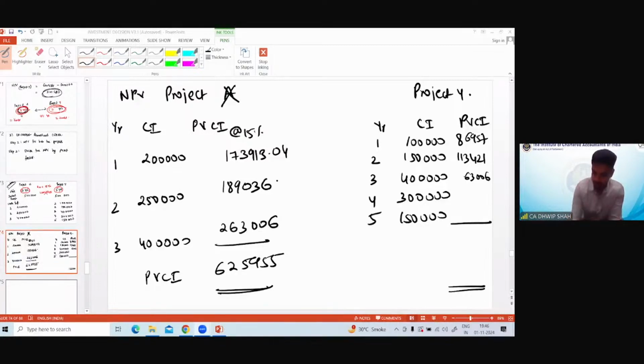Okay. 3 lakh divided by 1.15, press equal to 4 times. 171,526. And 150 divided by 1.15, press equal to 5 times. How much is coming? Something 4577.